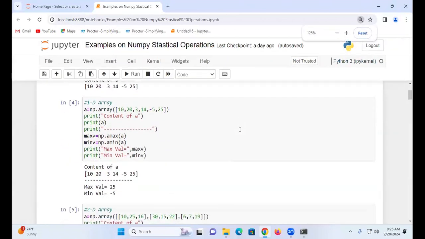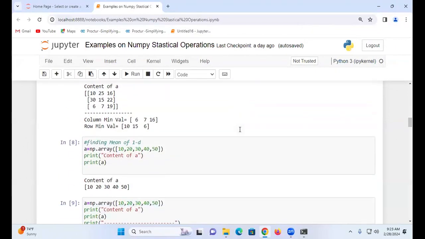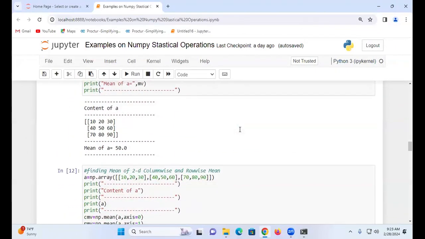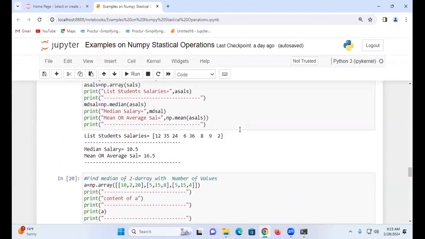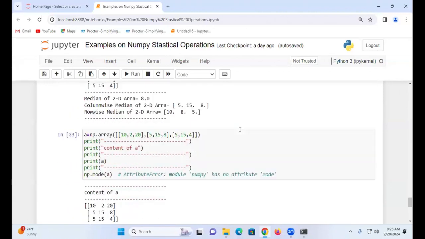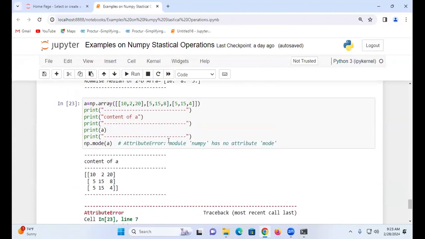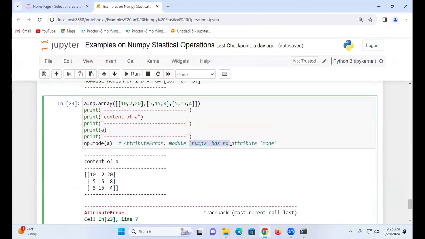We did a lot of operations in the last class. I'd like to continue with the same. Median also we did, and we did one more. Mode is also not there. In the NumPy module, mode is not there.